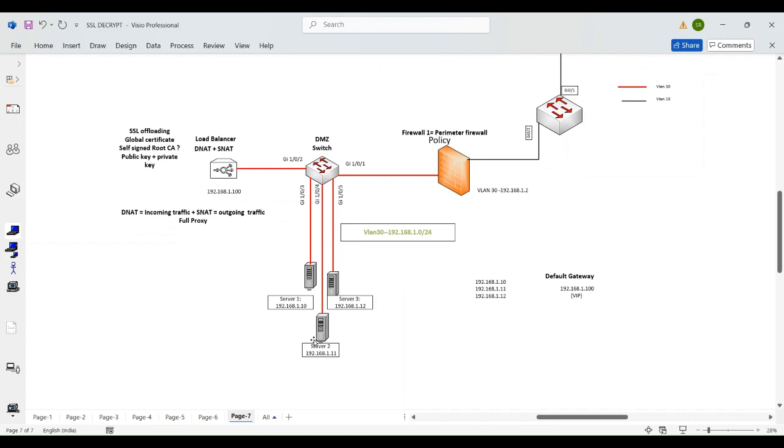So in that case, you will use another kind of offloading. The concept is called SSL bridging, right?